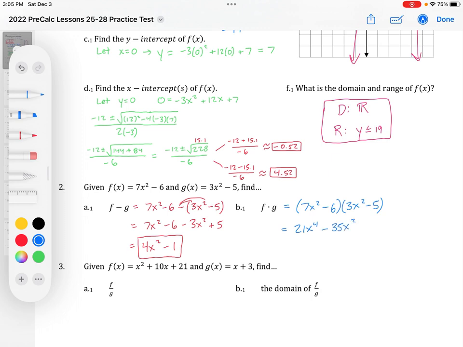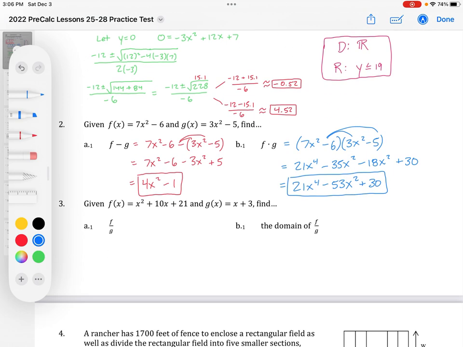Then I have negative 6 times 3x squared is minus 18x squared. And then negative 6 times negative 5 is plus 30. So if we combine like terms, negative 35 minus 18 gives you negative 53x squared plus 30. So then this would be the function f times g.